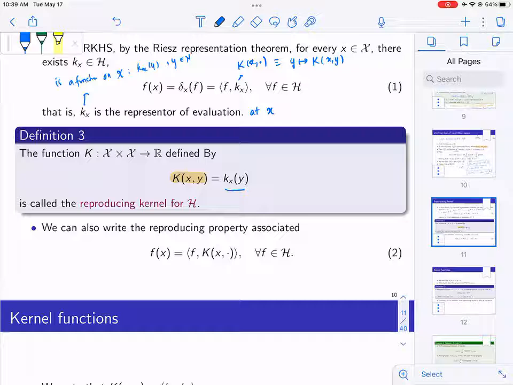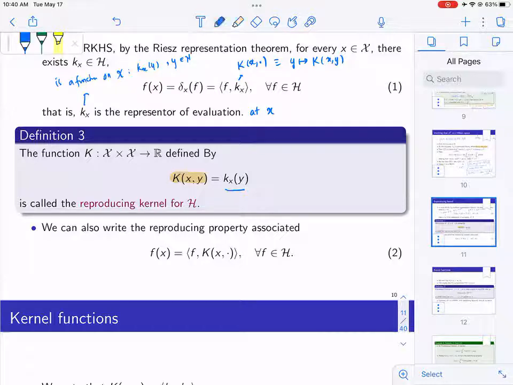So I get this here, and I can write it using this notation. This is called the reproducing property. You have this bivariate function, the kernel, such that when you fix one element at x, this is a function in H by definition.